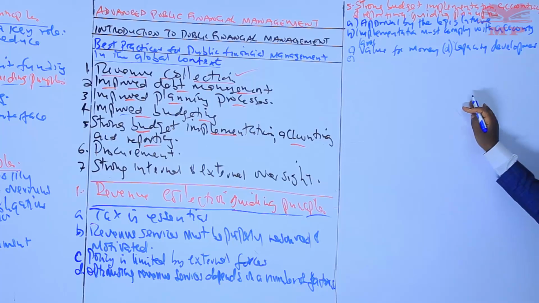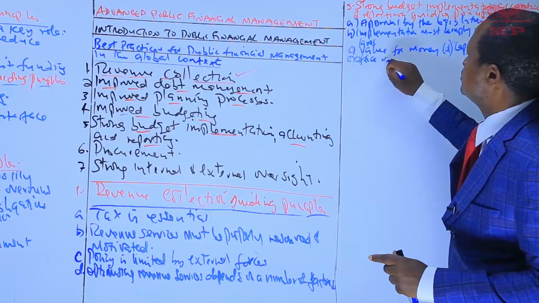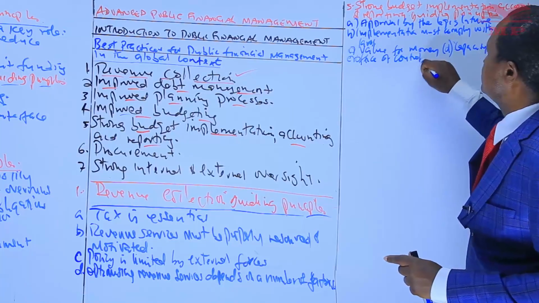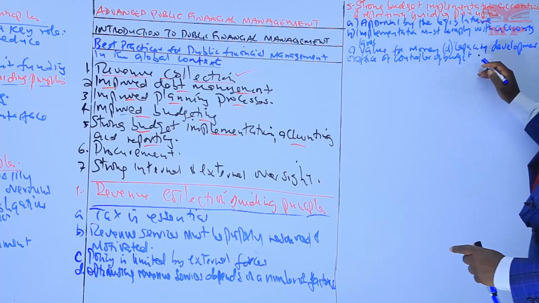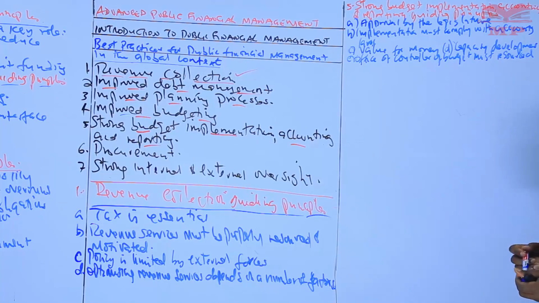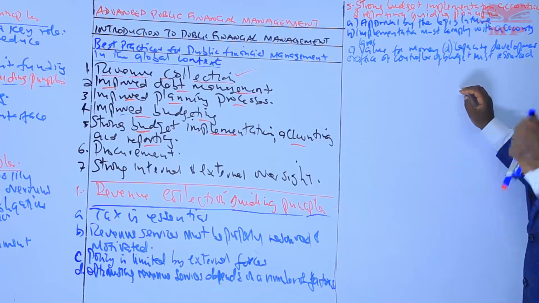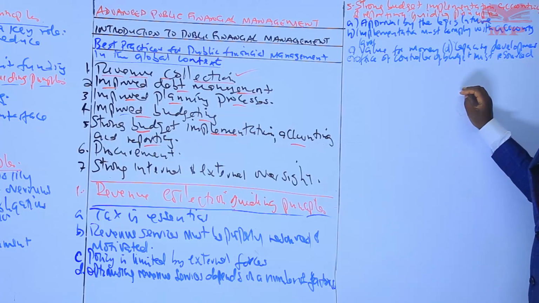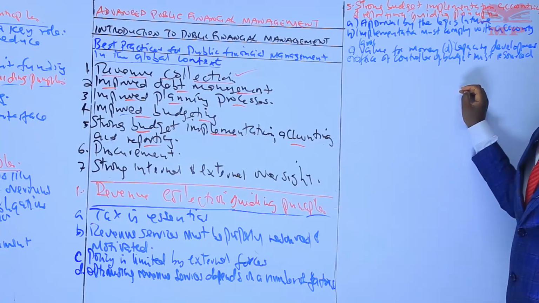The Office of the Controller of Budget must be properly resourced, because it is this office that monitors the implementation of the budget. So this office ought to be properly resourced. It has to be properly funded to fulfill its function.